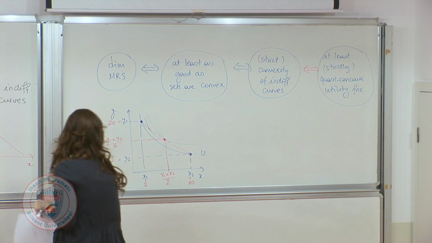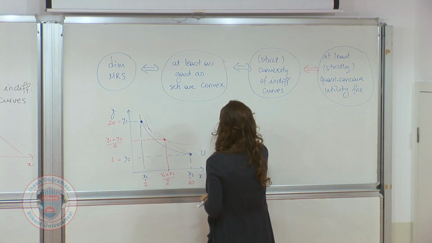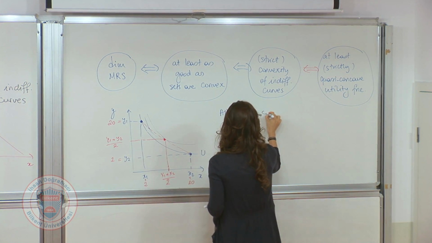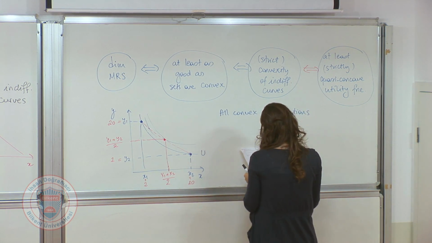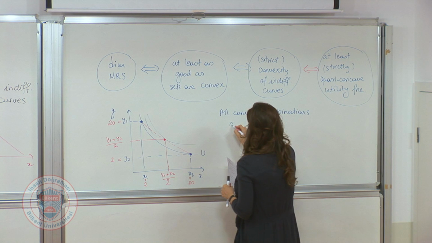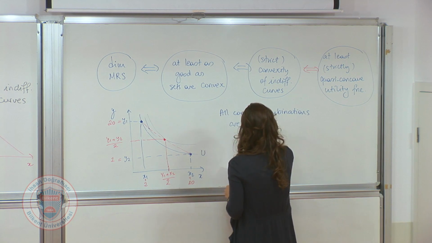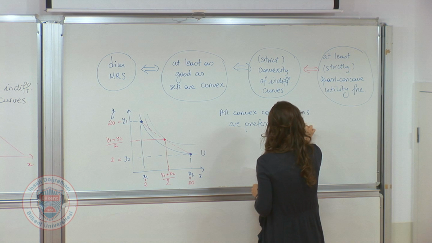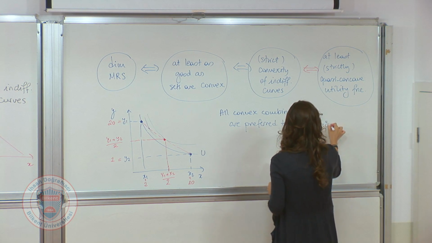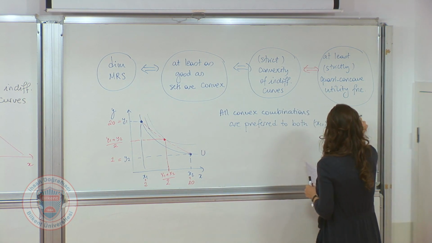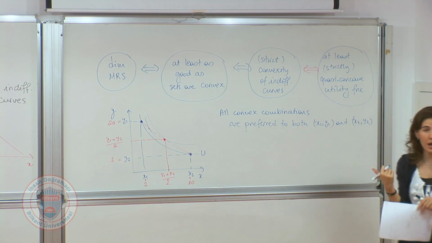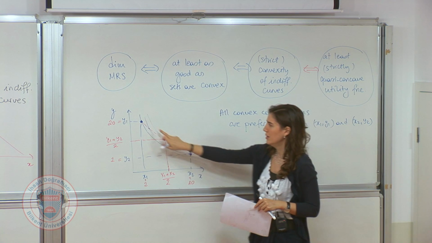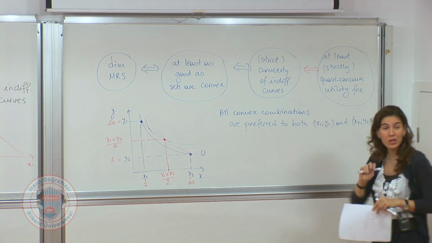So all convex combinations are preferred to both x1, y1 and x2, y2, okay? So all the convex combinations are preferred to these bundles. That's what strict convexity means.